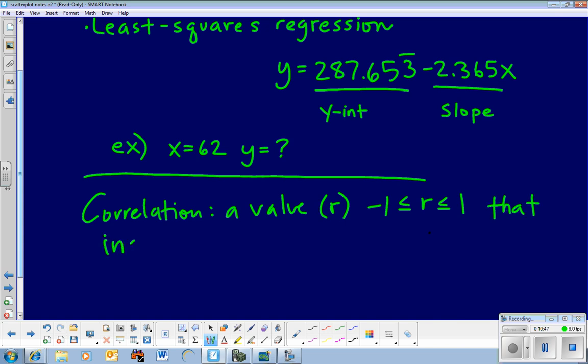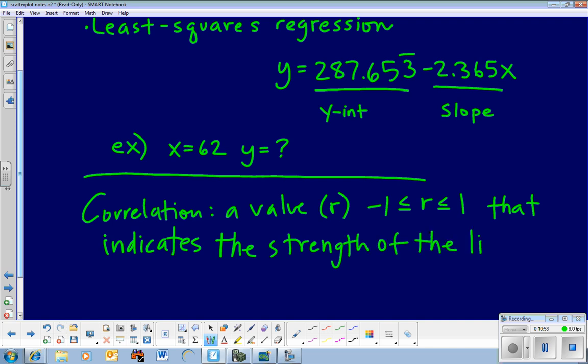That indicates the strength of the linear, because we're doing linear regression, linear relationship in the data.